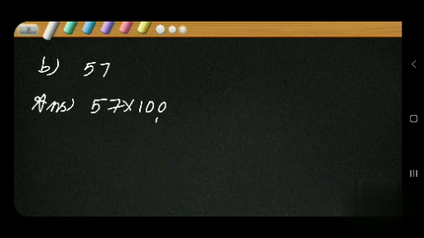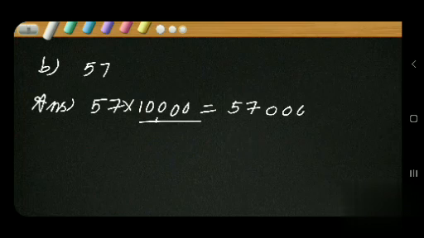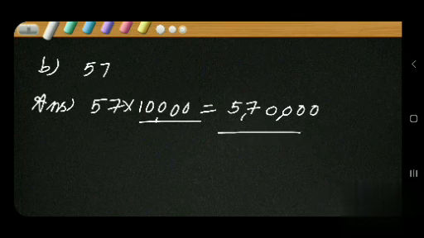The question is 57. First we have to write 57. With this 57, how many zeros? 4 zeros. Why? In 10,000 there are 4 zeros. 1, 2, 3, 4. How to read this number? Ones, tens, hundreds, comma, 1,000, 10,000, comma. What is the answer? 5,70,000 is the answer.